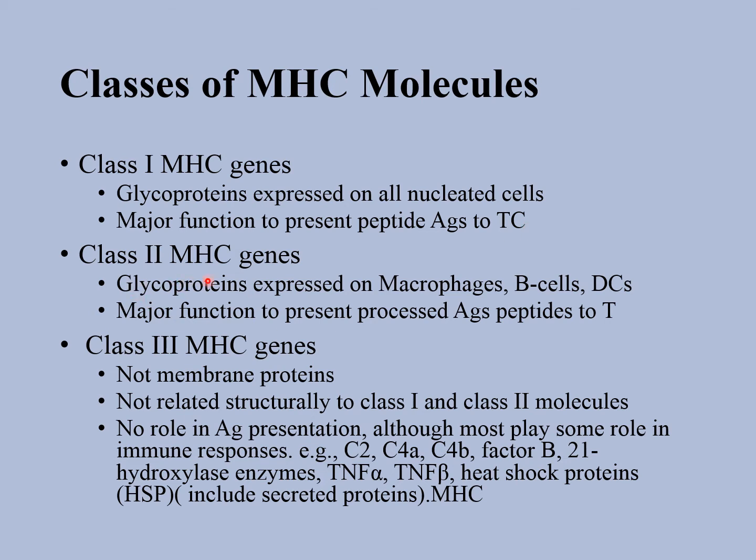The class 2 MHC gene encodes glycoproteins which are expressed primarily on antigen presenting cells such as macrophages, B cells and dendritic cells. The major function is to present and process antigen peptide to T helper cells.